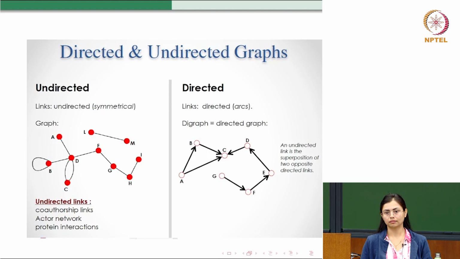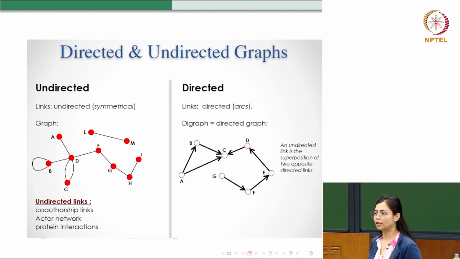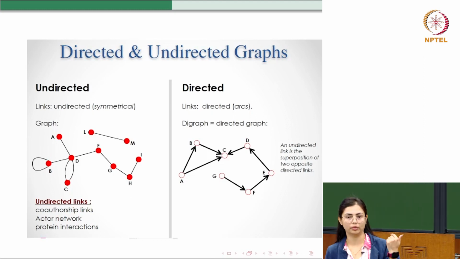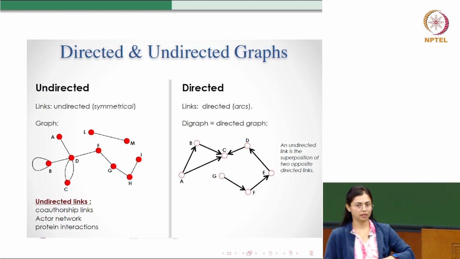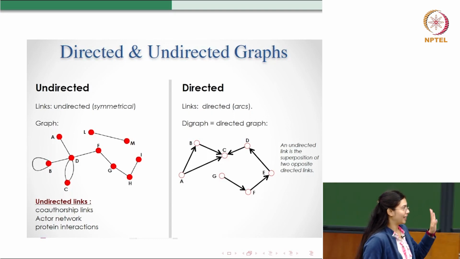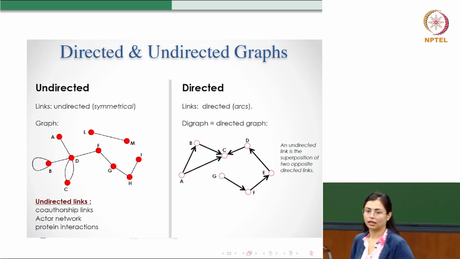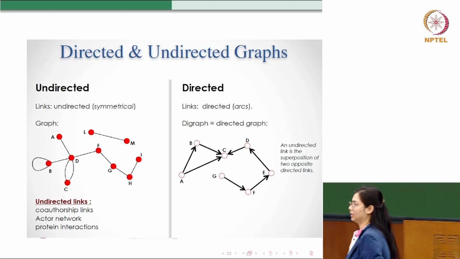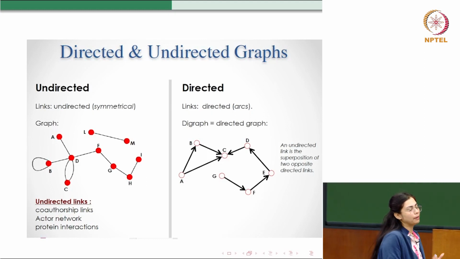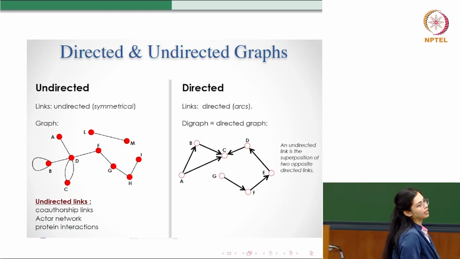But in a directed graph, you can only go in the direction the arrow is pointing. There is some direction in how the link is forming from one node to another node, right? So we talked about examples like emails and networks, lots of real life examples. Can you give me an example of directed and undirected graphs?